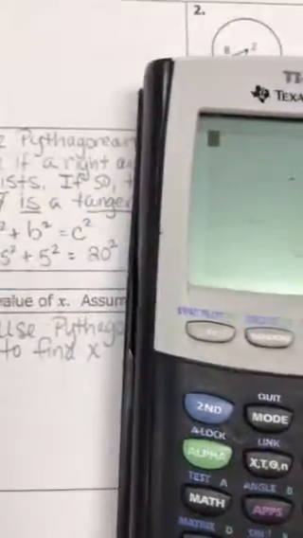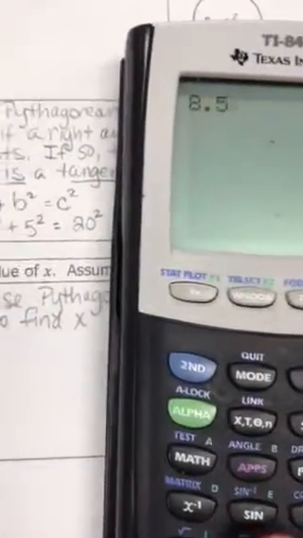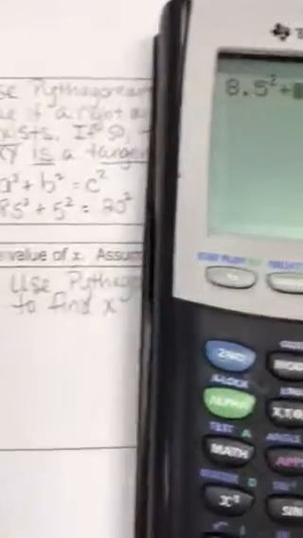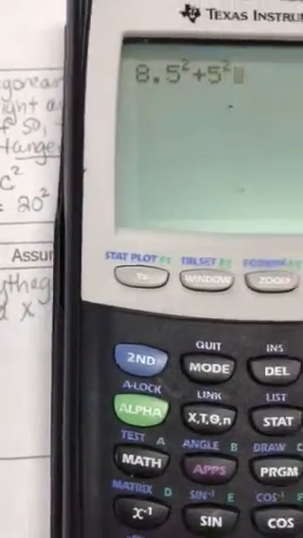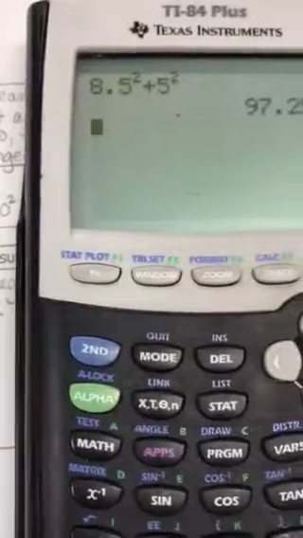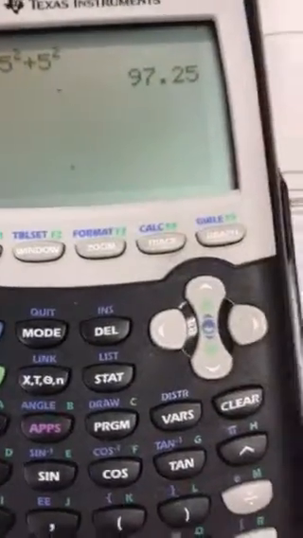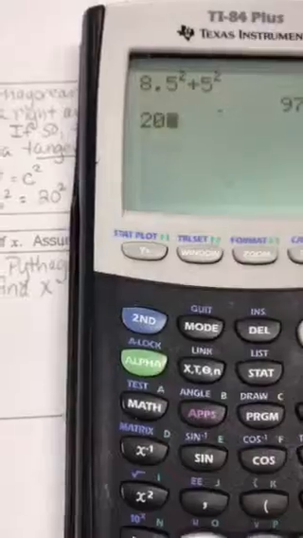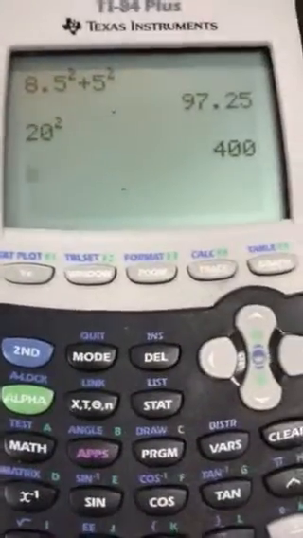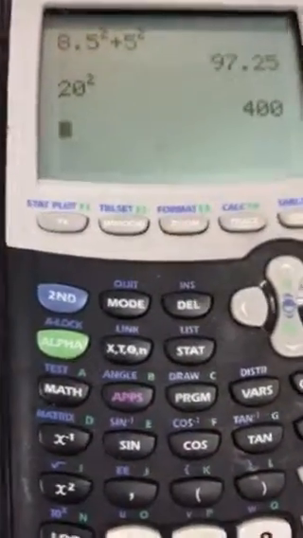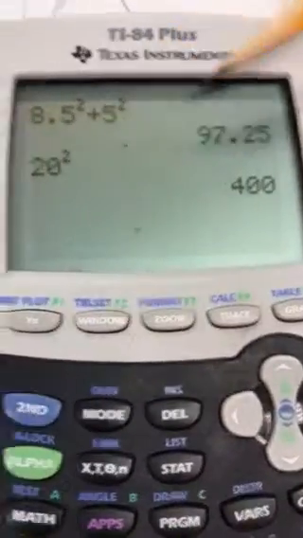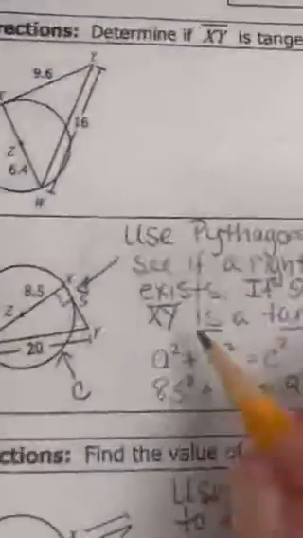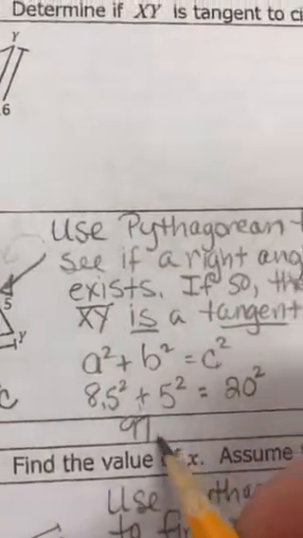So I'm going to do 8.5 squared plus 5 squared, and that equals 97.25. 20 squared is 400. They are not equal. All right, so 8.5 squared plus 5 squared was 97.25, so we can plug that in here.